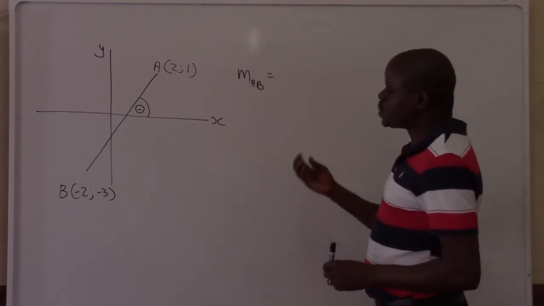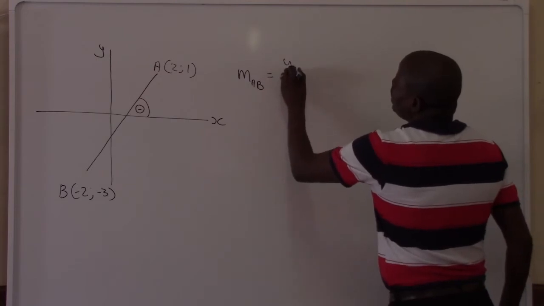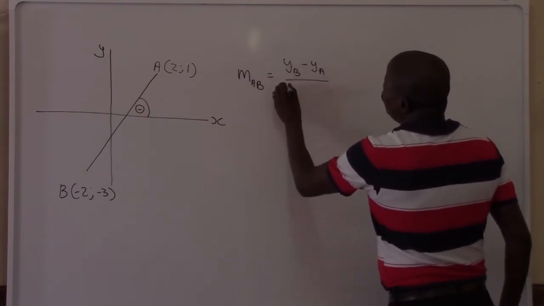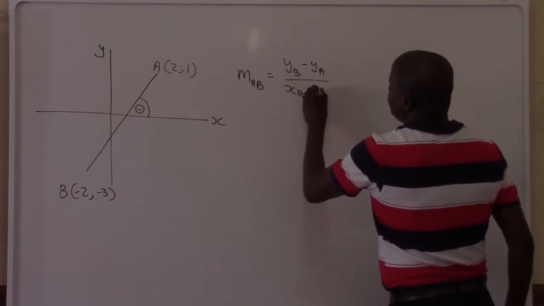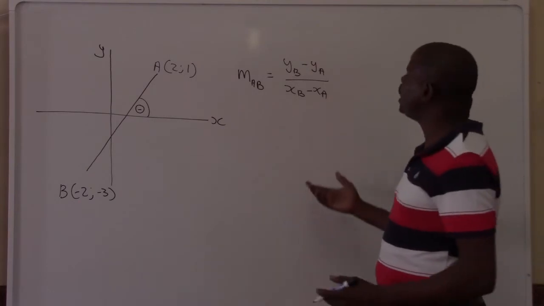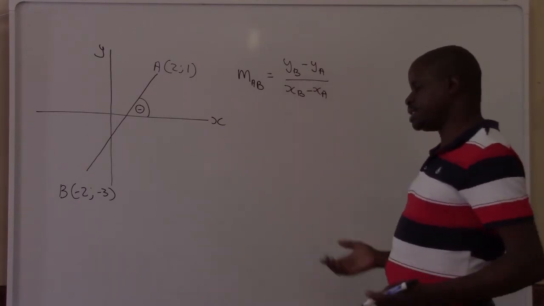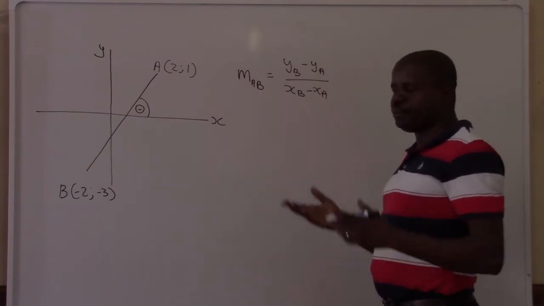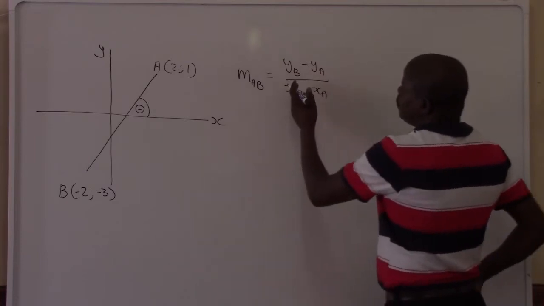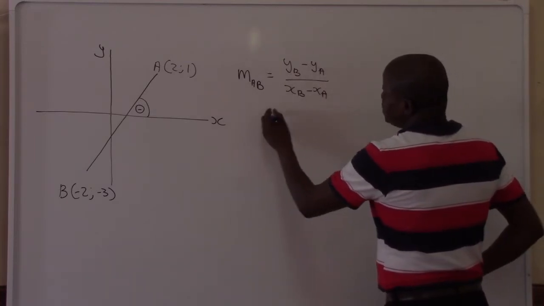To be specific, we can say yB minus yA over xB minus xA, because it's AB. If it was PQ, it would be yQ minus yP over xQ minus xP, or whichever variables they've given you.